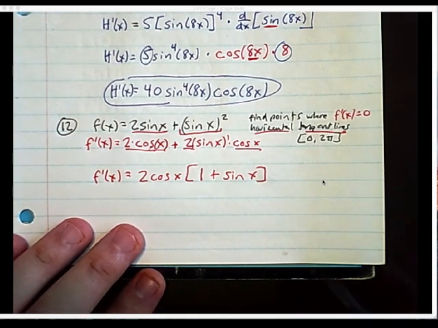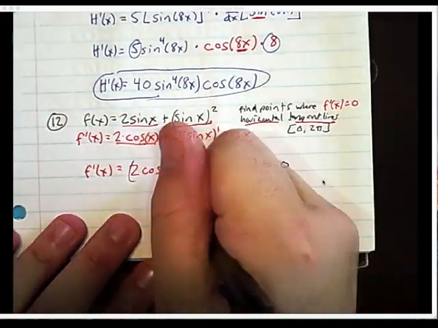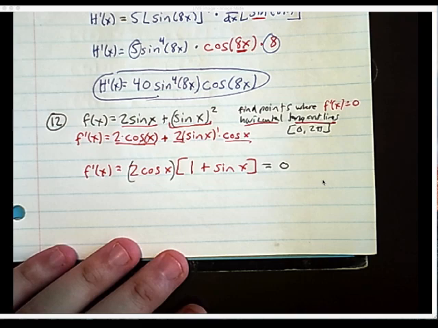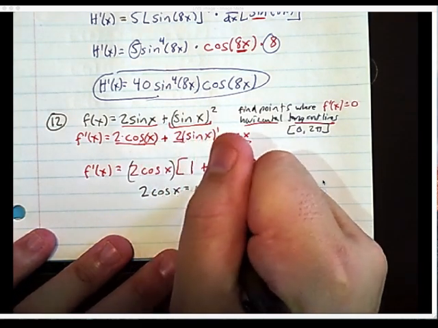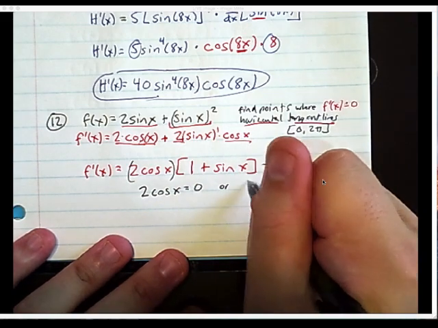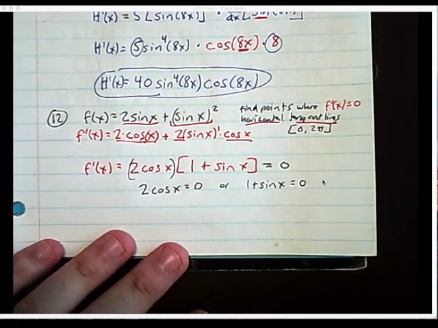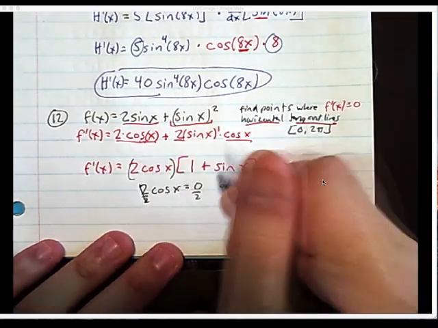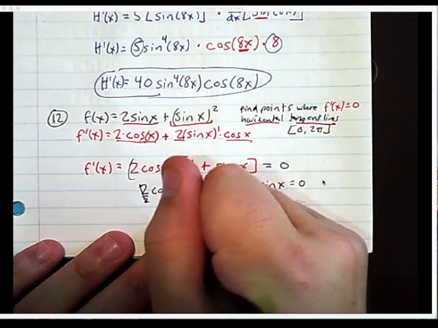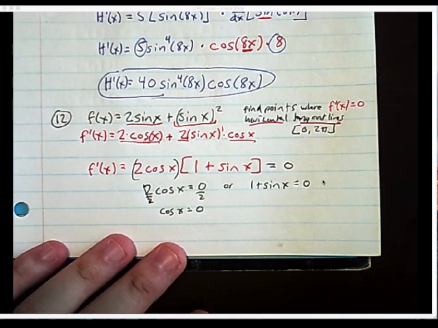So I need to figure out where this derivative equals 0. Well, it could equal 0 in a couple places. It's going to equal 0 where the 2 cosine of x equals 0, or where 1 plus sine of x equals 0. If you want to solve the first part, divide both sides by 2, and ask yourself, where is the cosine equal to 0?